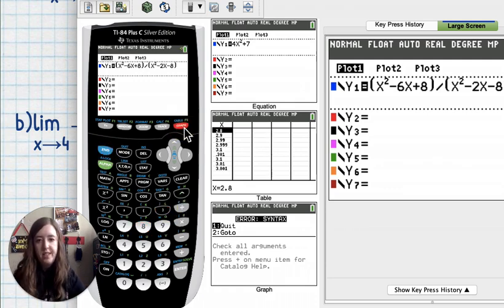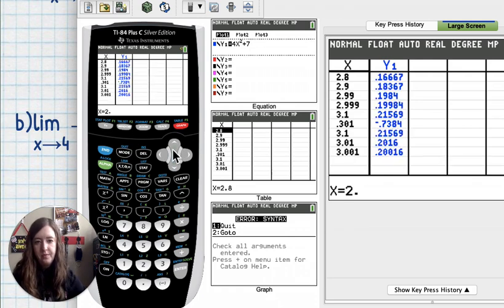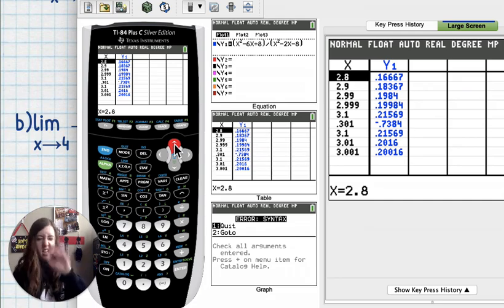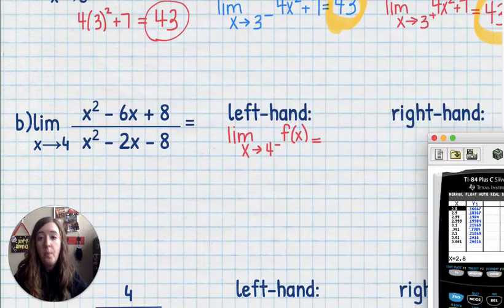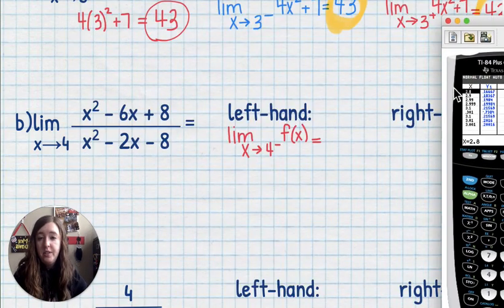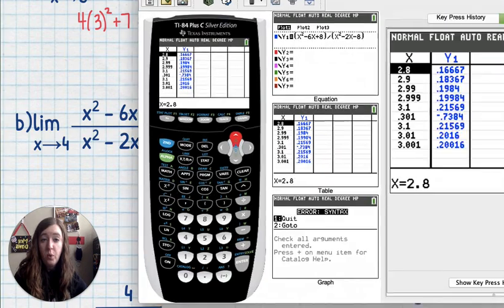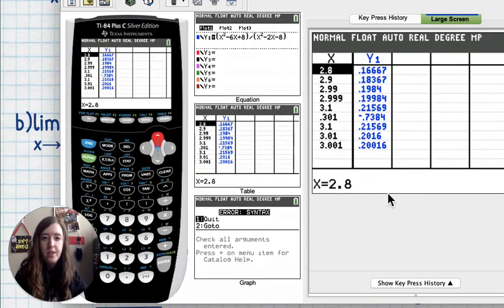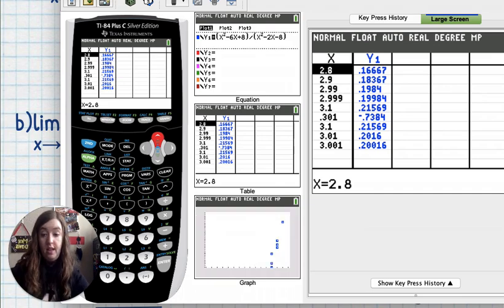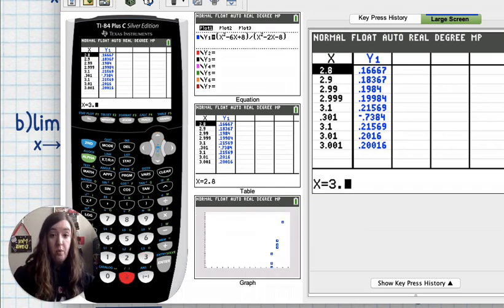And we'll go back to our table. All of these values are from earlier, so I'm just going to type over it. Okay, so I want to look at values that are to the left of 4, so a little bit less than 4. So that value might be 3.9.